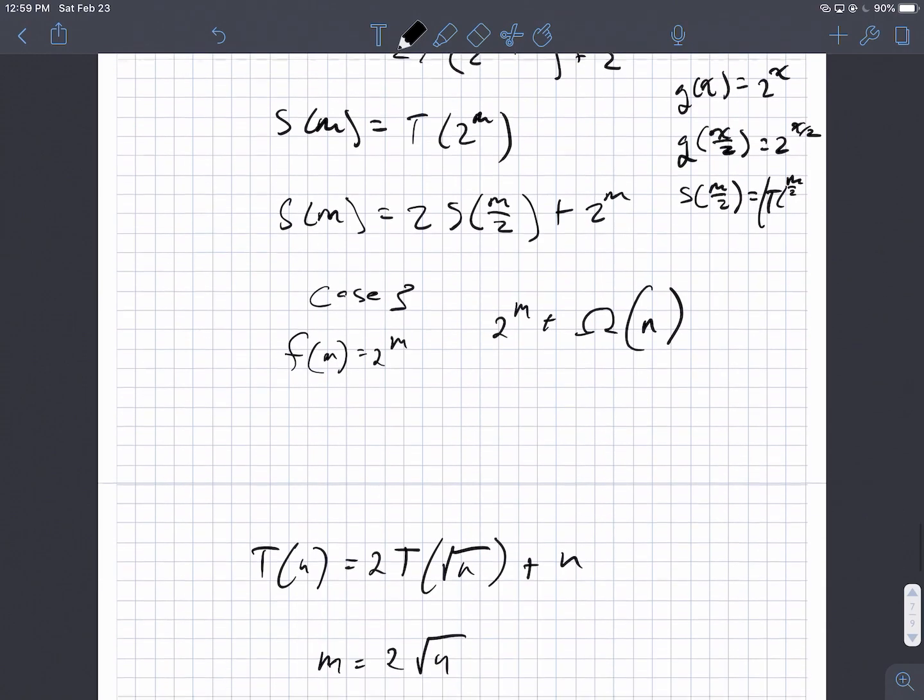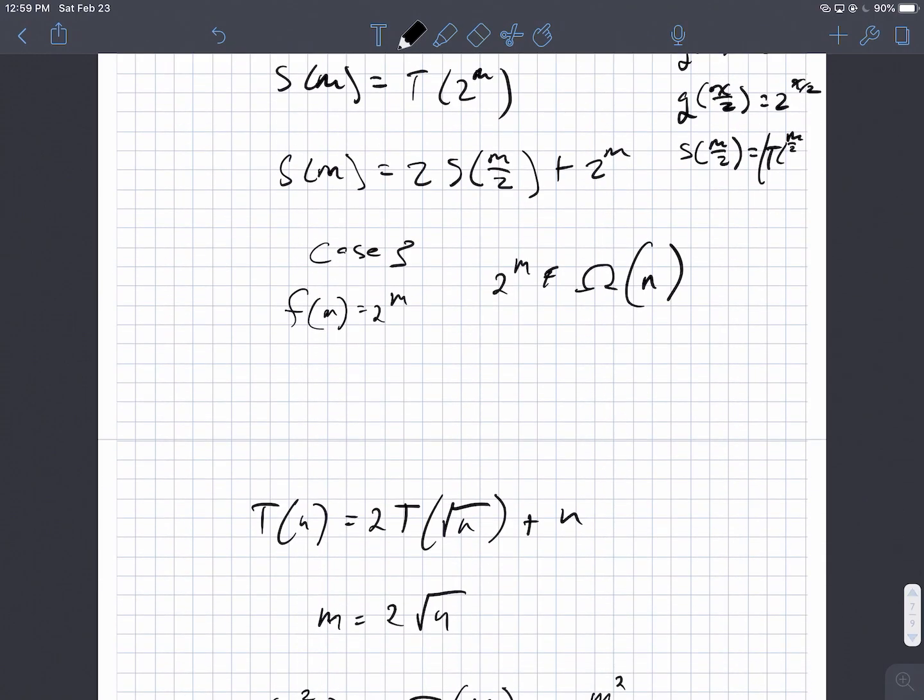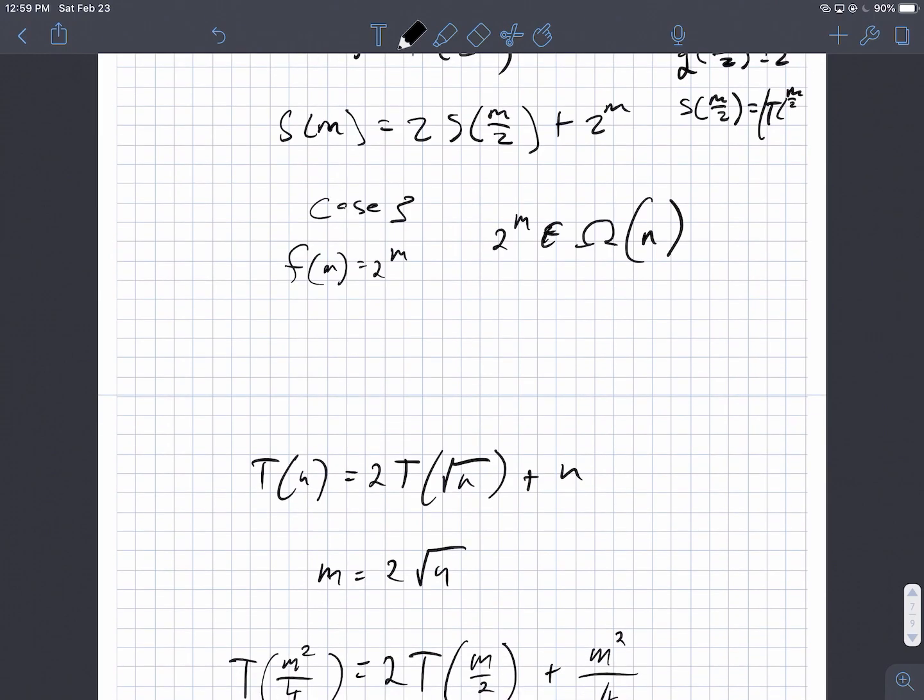Yeah. And so, in fact, we could pick any epsilon here. Epsilon could be 1, could be 100, doesn't matter. But we're definitely in case 3. We could show the regularity condition. I won't show that. And so the answer, we would say that s of m grows at the rate of 2 to the m, I believe, because that's f.